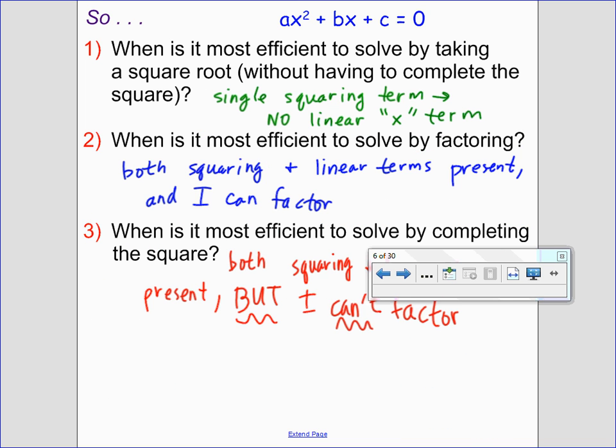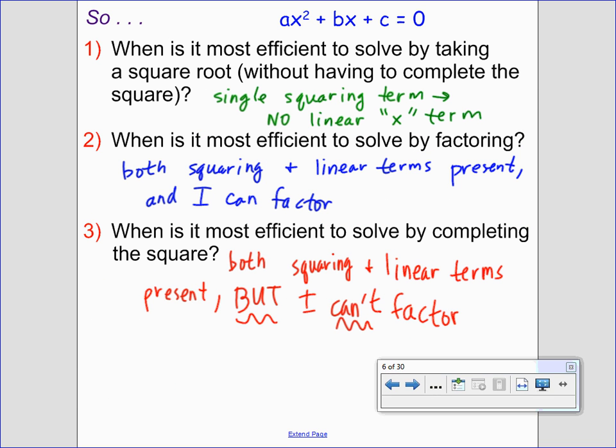So if there's both an x squared and an x term floating around in the same equation, I put it in standard form set equal to 0, but I can't factor it, then I'm going to go ahead and solve by completing the square. Then I've got to do half the middle term, right? Square it, add that special number to both sides, etc., etc.